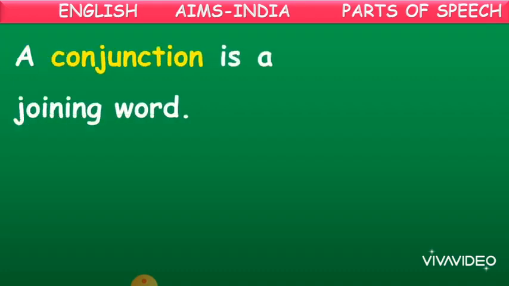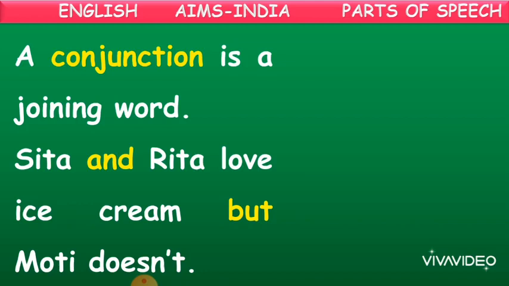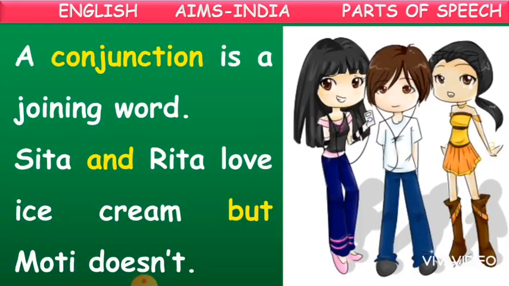A conjunction. A conjunction is a joining word. Conjunction means just joining. You might have heard about railway junctions. Junction is where two or three stations meet, two or three trains meet.